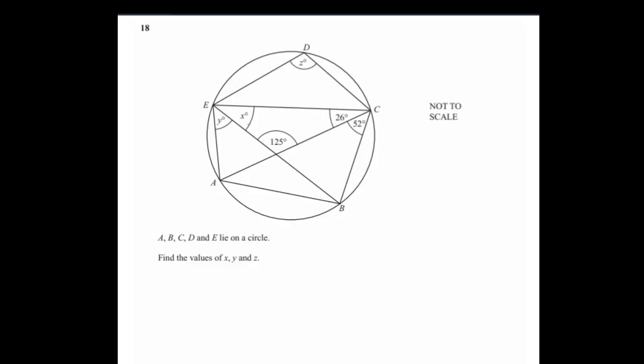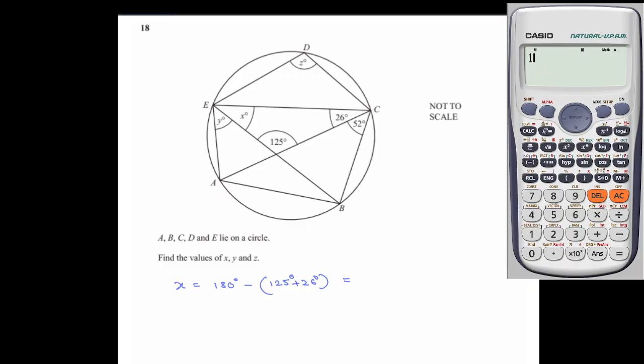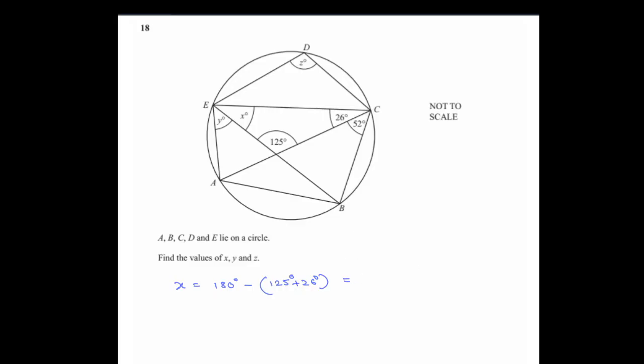So in this triangle, x is equal to 180 minus, using the angle sum property, we have to do 125 plus 26. So 180, or directly you can do in the calculator also. 180 minus, open the brackets, 125 plus 26 is equal to 29. So x is 29 degrees.